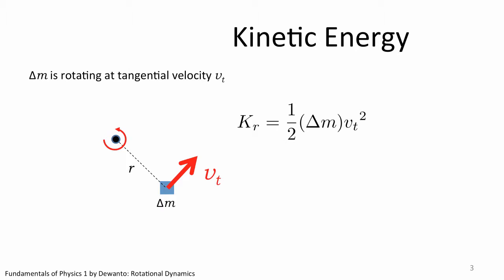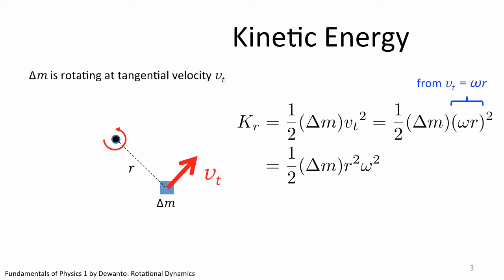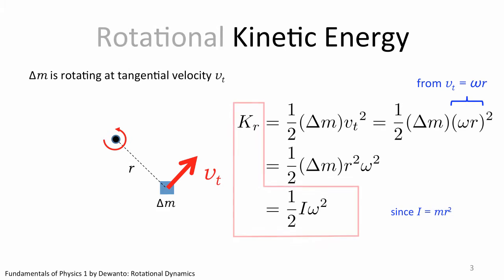We can then recast the equation in terms of angular speed omega. We rearrange the terms and replace mr squared by moment of inertia. We will arrive at the final form of the kinetic energy of an object rotating about an axis, 1/2 I omega squared. This kinetic energy, which is associated to the rotational or circular motion of the object, is called rotational kinetic energy.